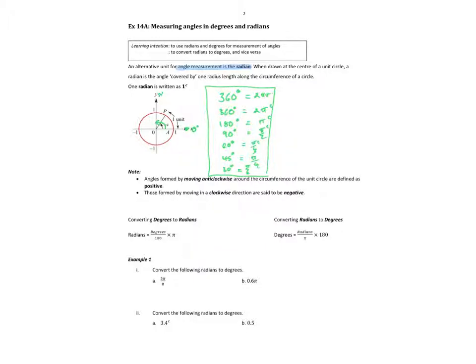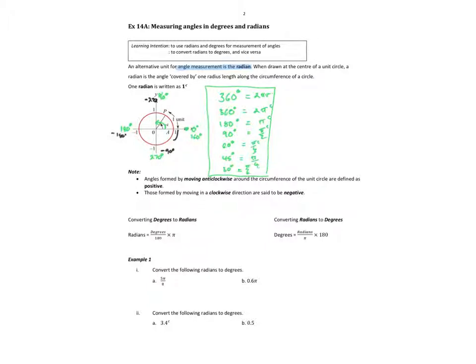Around is 90 degrees, that's 180 degrees, and down here is 270 degrees. And we come back to 360. If I go in the opposite direction, that's negative 90 degrees, negative 180 degrees, negative 270 degrees. So anti-clockwise is positive, clockwise is negative.